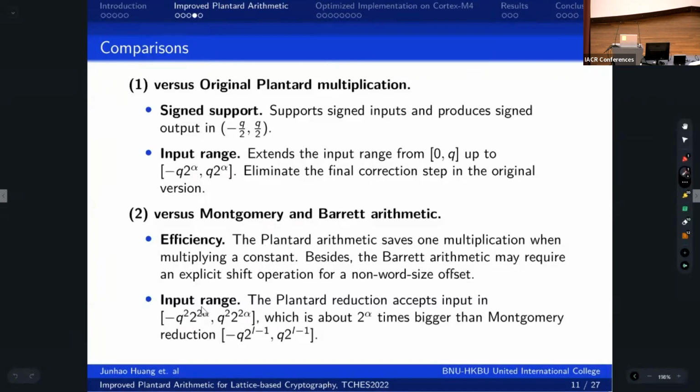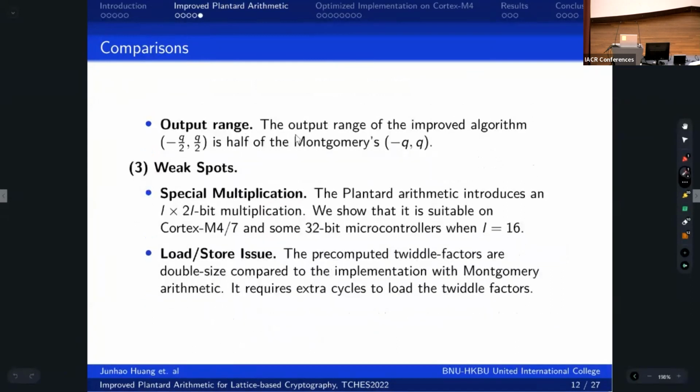And as for the input range, Plantard reduction accepts input in a larger domain, which is about 2 to the power of alpha times bigger than Montgomery reduction. And finally, the output range of the improved algorithm is half of Montgomery's.